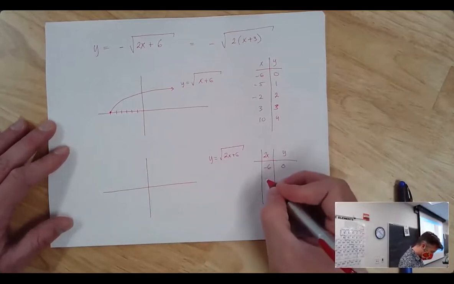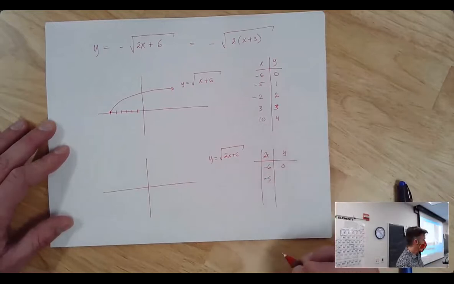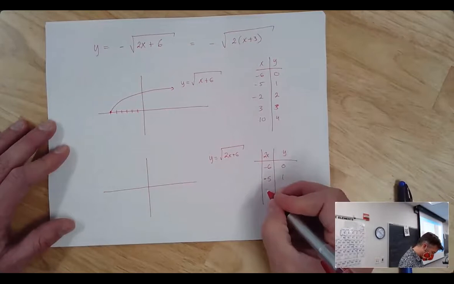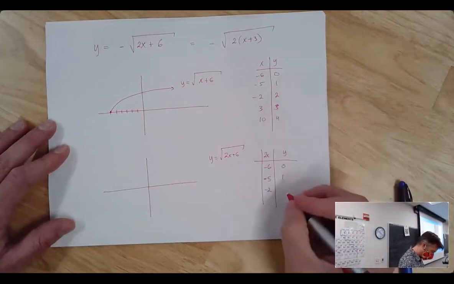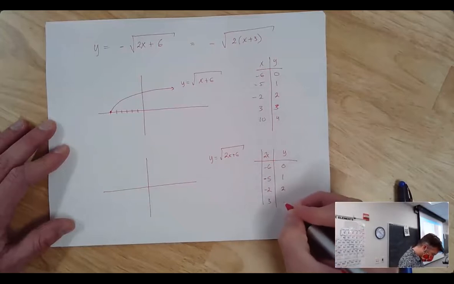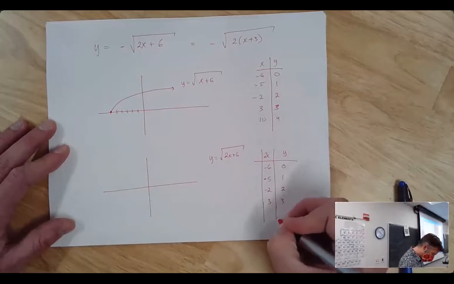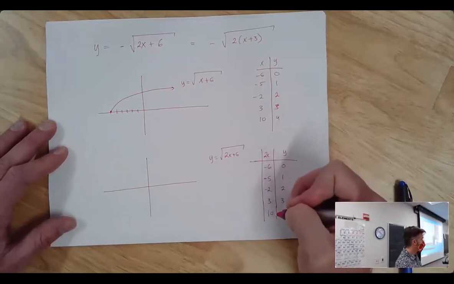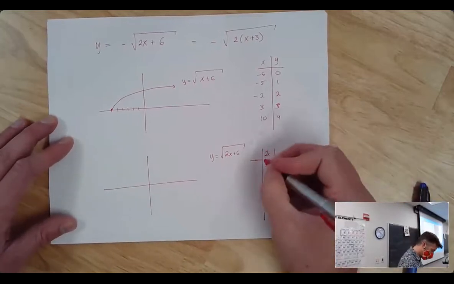And I want 2x to equal negative 5, so that the y value is the square root of 1. And I want 2x to equal negative 2, so that the y value is the square root of 4, which is 2. And so on. I want the same values in these columns, but that means the actual x values have to be half as big as they were.